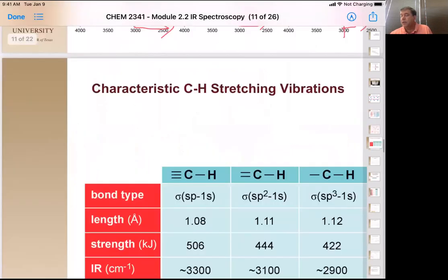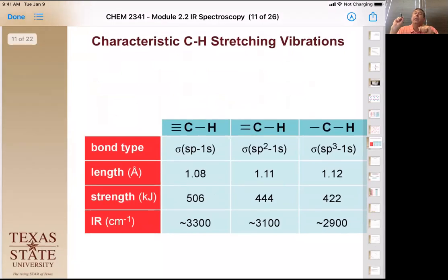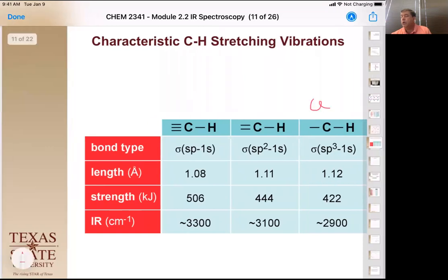Okay, so I said it was very important that the bonds we're seeing below 3,000 are all sp3 hybridized carbons. That tells us the difference between an alkane, an alkene, and an alkyne. So our alkanes right here are all going to show up below 3,000.